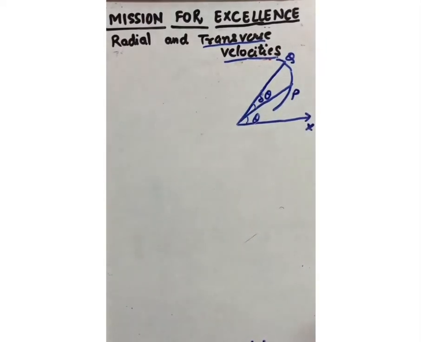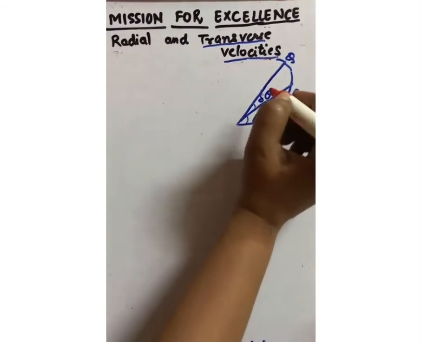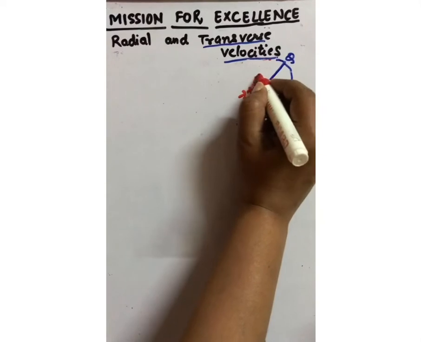Initially its position vector is r, and after some time its position vector is r plus delta r.